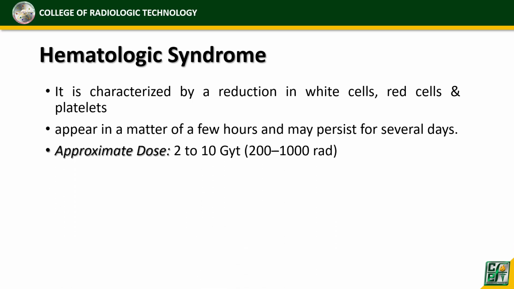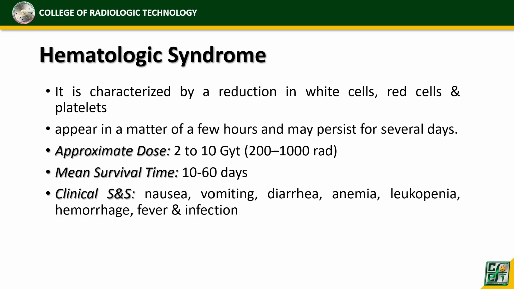So approximate dose niya ay 2 gray to 10 gray or 200 to 1,000 rad. But the threshold is 200 rad or 2 gray. Then mean survival time is 10 to 60 days.